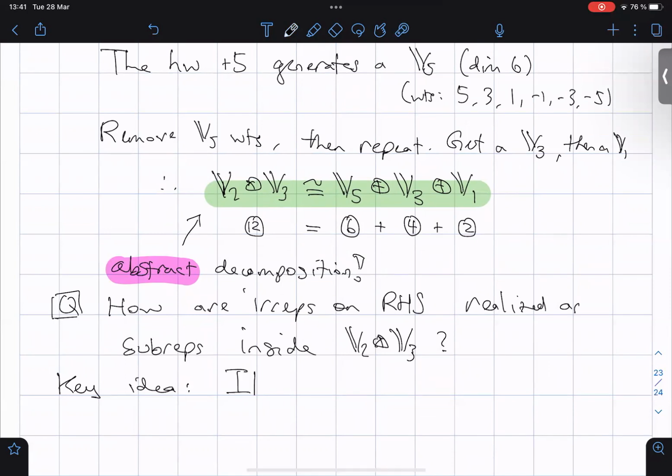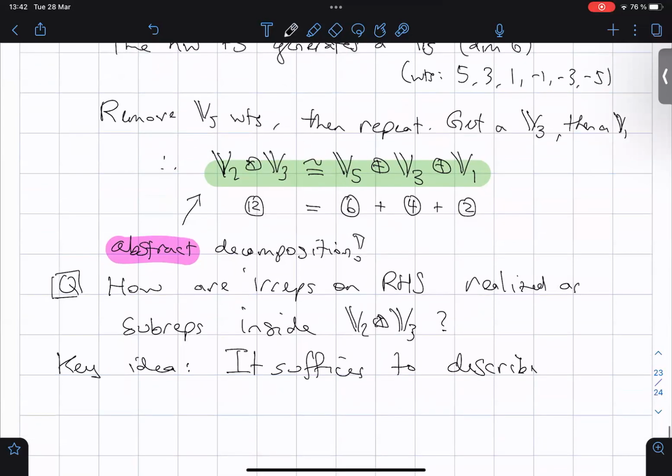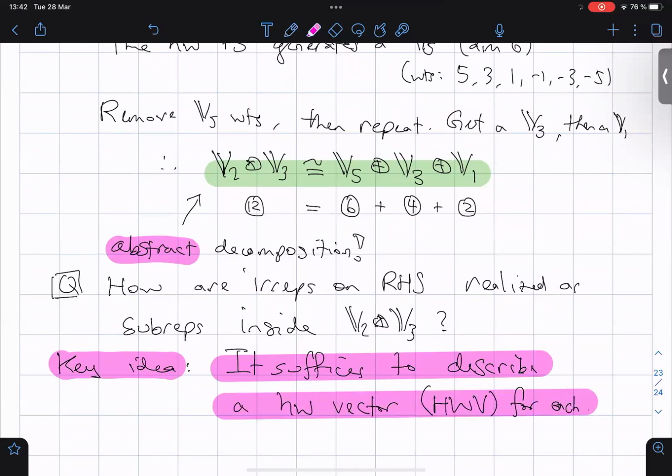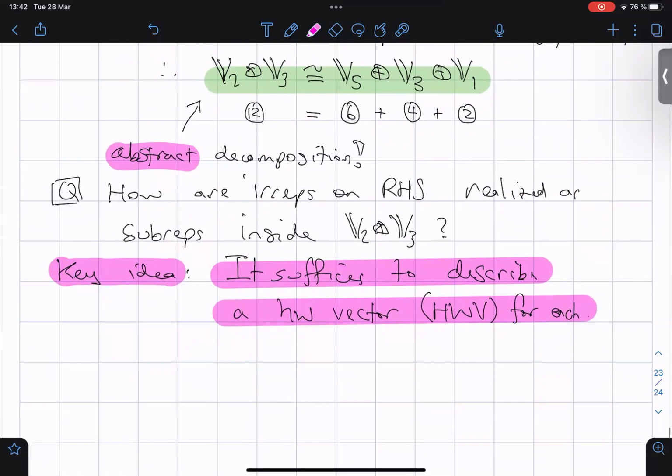It suffices to describe the highest weight vector for each. This is really important, because in general describing these is very complicated, but there's this simplest part that we're going to be going after.